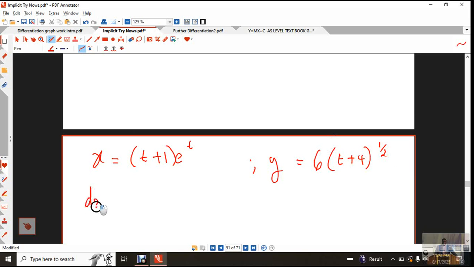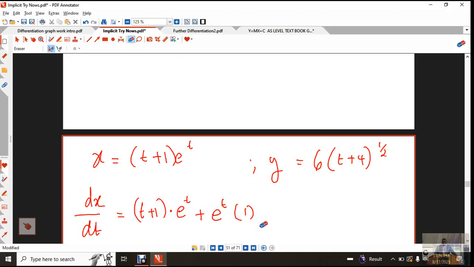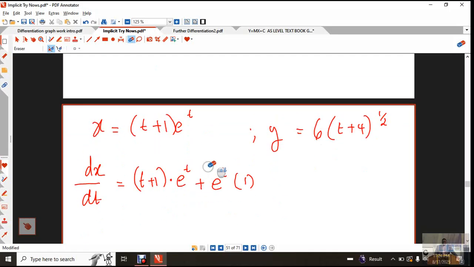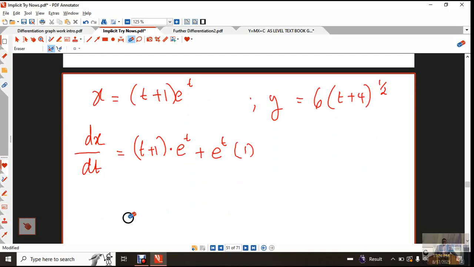We have dx/dt. Here we're going to apply the product rule, of course. Keep the first, t plus 1, multiplied by the derivative of e to the t, which just happens to be e to the t. Then keep the second, multiply by the derivative of the first one, which is just going to be 1. If I clean this up, I have (t plus 1) e to the t plus e to the t.